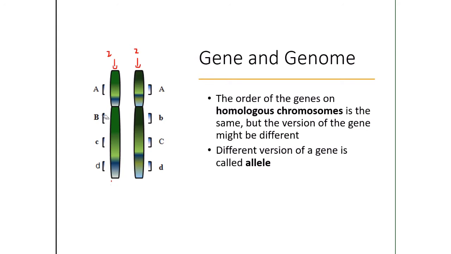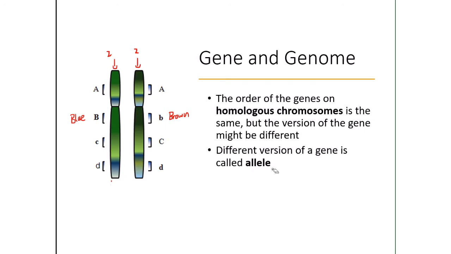Let's say this gene here determines your eye color, and this one you got from your dad, and it is going to be blue eyes. Whereas this one here is also going to be eye color, but you got it from your mother, and she happened to give you the brown eyes gene. So these two are different versions of the gene for the same trait, eye color.